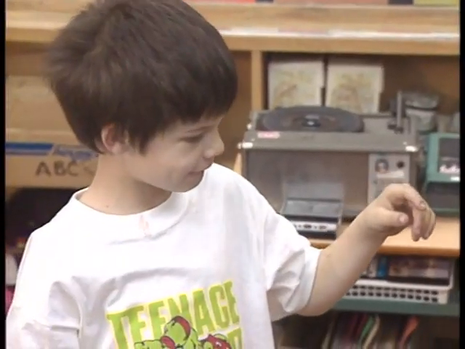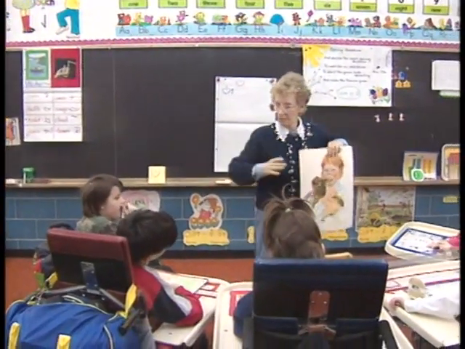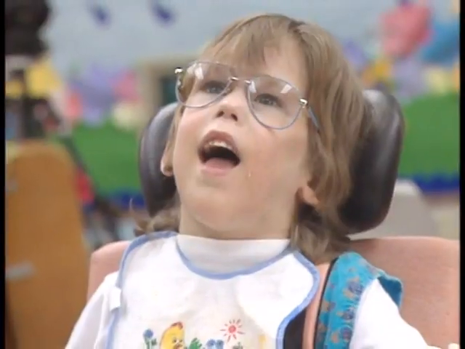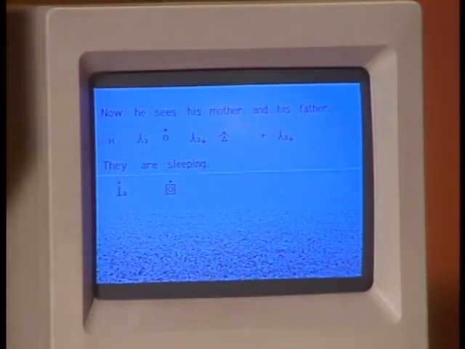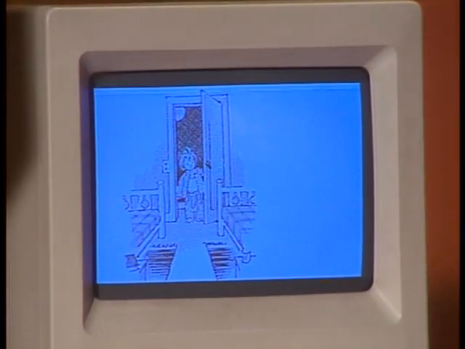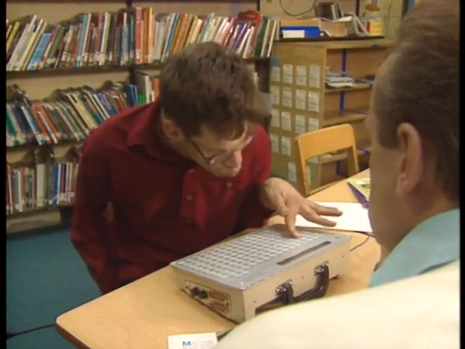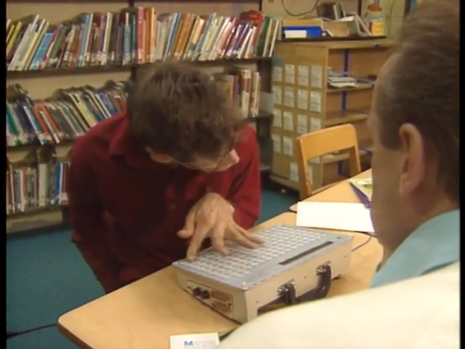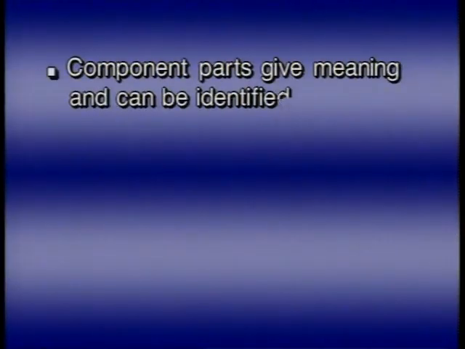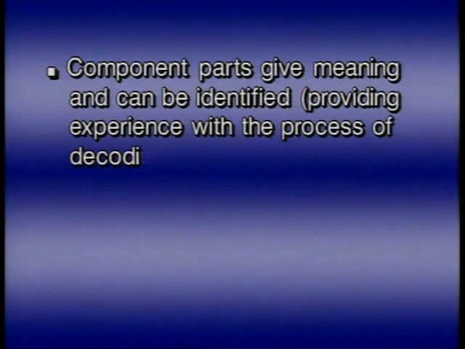In order to experience this, they require a powerful graphic representational system before they read print, one that leads to reading, or one that can be used for the rest of their lives, depending upon the abilities of the learner. In Bliss symbolics, component parts give meaning and can be identified, providing experience with the process of decoding.